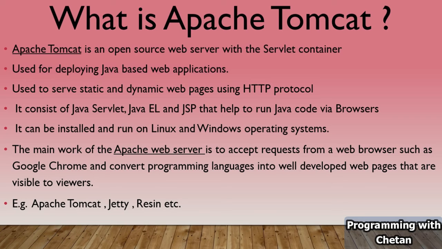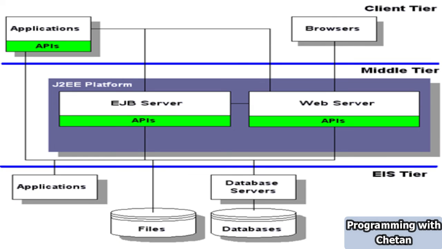If we talk about a complete enterprise edition application, which consists of EJBs, that is Enterprise Java Beans, or JMS, that is Java Messaging Service, and other additional features, such as Hibernate concepts and so on, to interact with the database and backend layer, then in that case we need an application server.